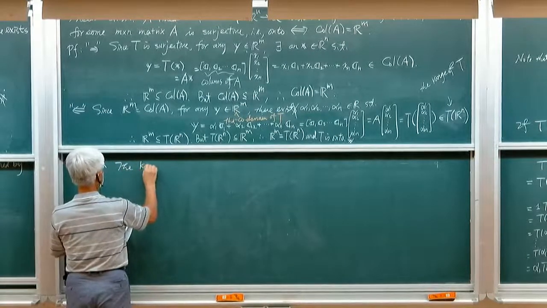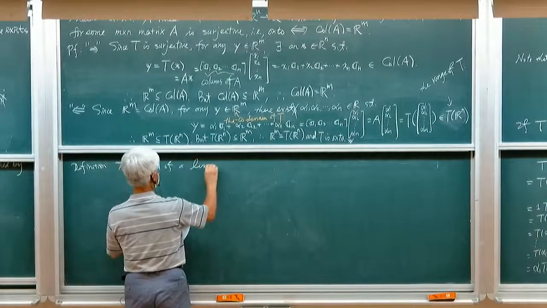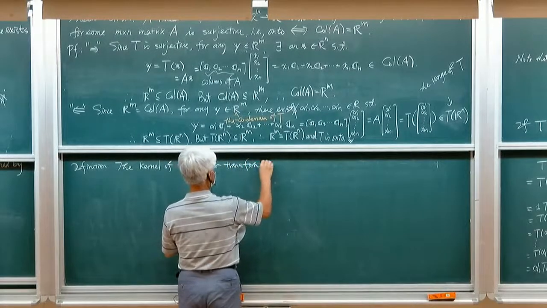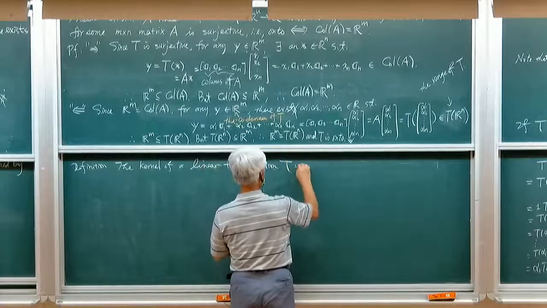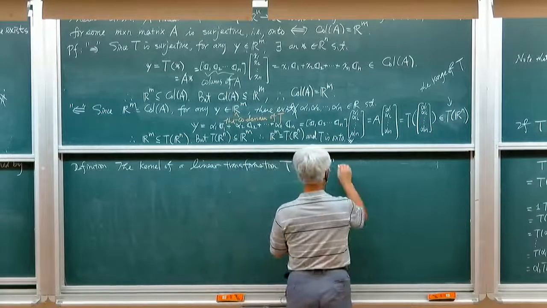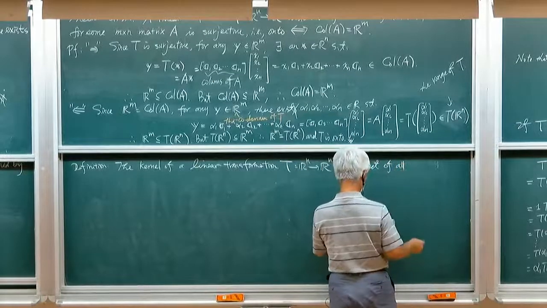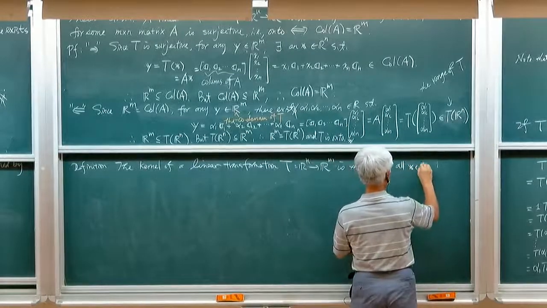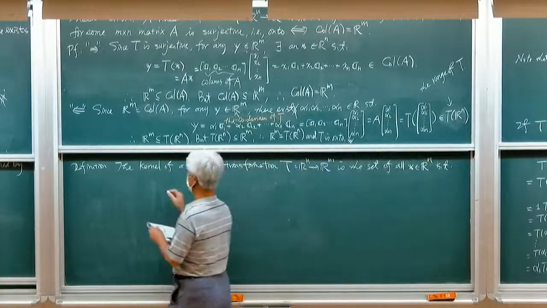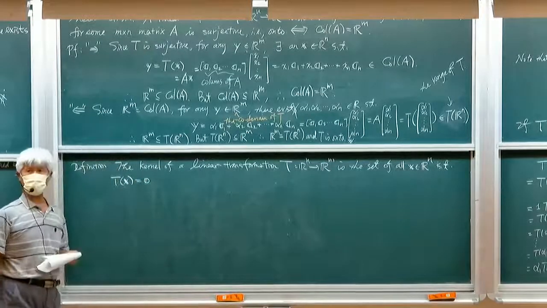The kernel of a linear transformation T from R^n to R^m is the set of all vectors in the domain R^n such that the image is the zero vector in the codomain.